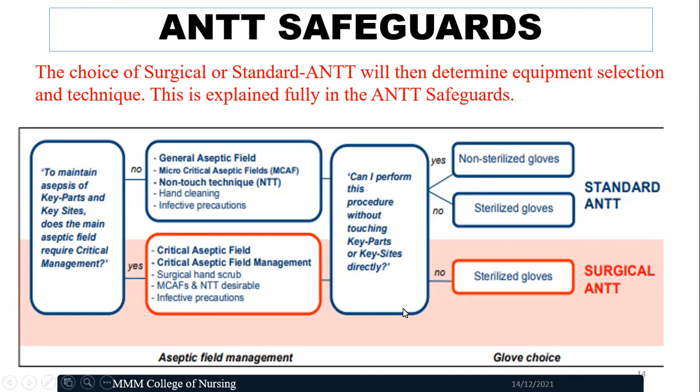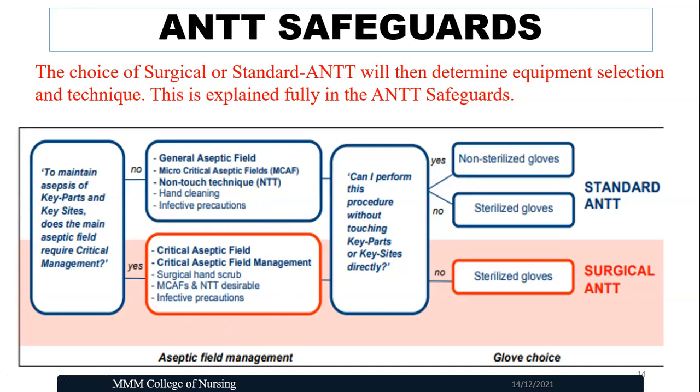If you cannot perform the procedure without touching the key parts or key sites, then use the sterilized glove in surgical ANTT technique. This is the flow chart or the decision-making process for maintaining the aseptic field management and glove choice.